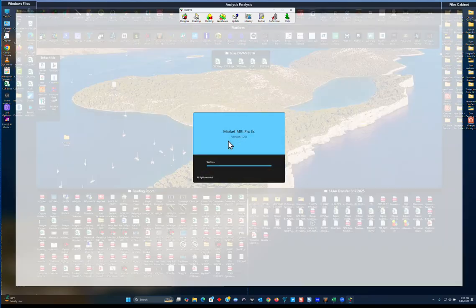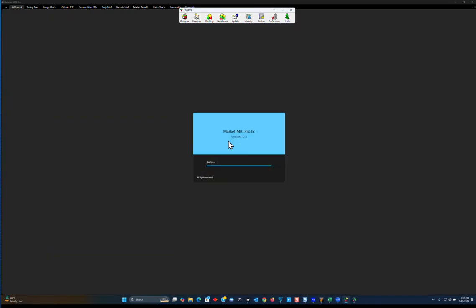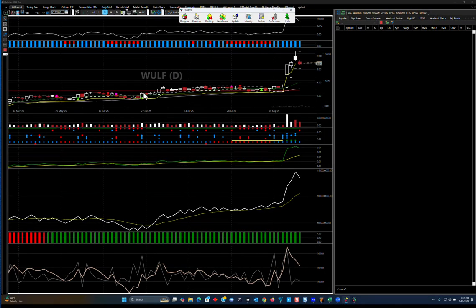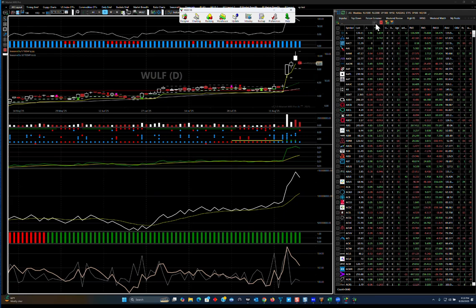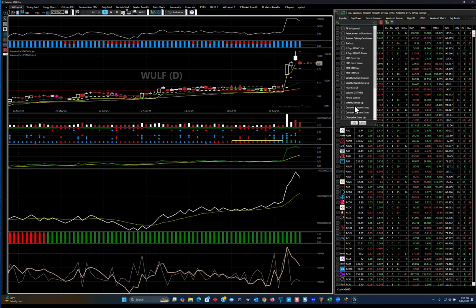I wanted to be able to identify stocks that are within certain amounts of moving averages. I don't know if these are working or not working. I think they're working. I want to find stocks that have pulled down to the 50-day moving average to find support.